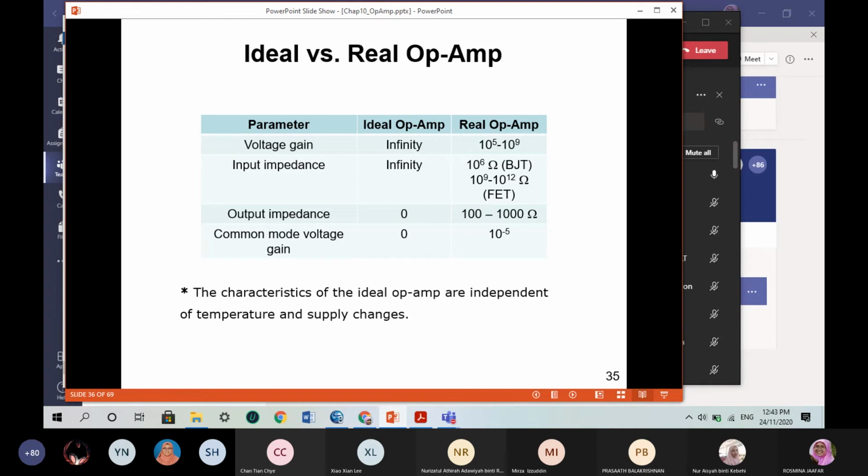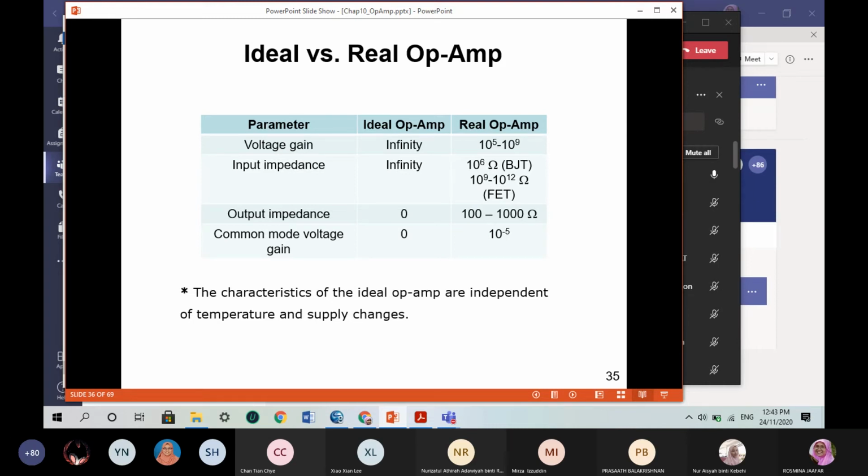If the op-amp is made of FET transistors, the input impedance is higher. It can be 10 to the power of 9 to 10 to the power of 12 ohms.